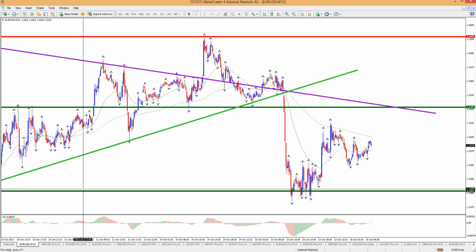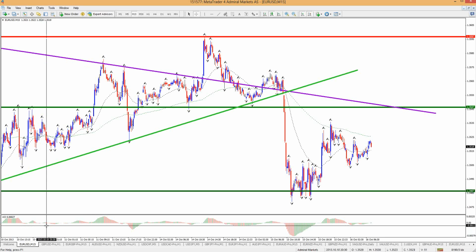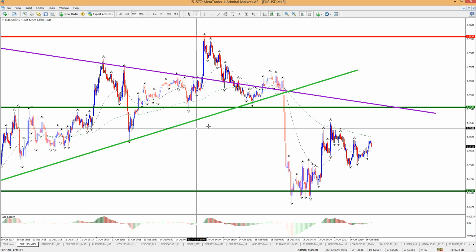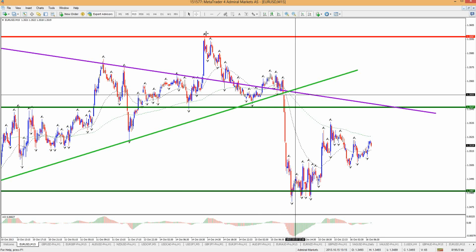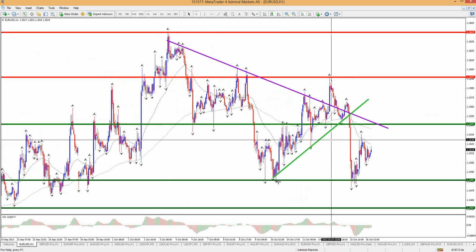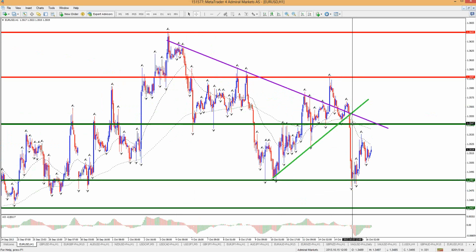Let's continue to our charts and take a look at the euro dollar here. And the euro, in fact, had a very nice fall yesterday. We were talking about the downside potential below this green trend line, and it fell nicely. The break, indeed, going all the way to the bottom as we were talking about yesterday, right?